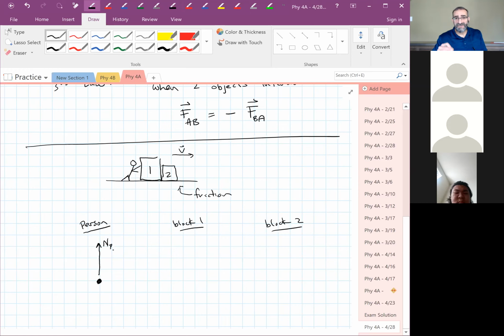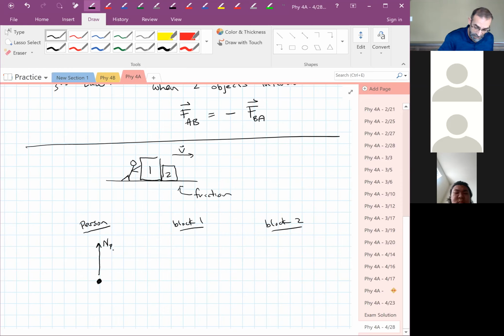What would the person's foot do if that floor was frictionless right there? If underneath their feet, it's frictionless, what would happen to the foot? The foot would go sliding out to the left. Does the foot go sliding out to the left with friction there? No. So what direction does friction have to be pushing on the foot? To the right.